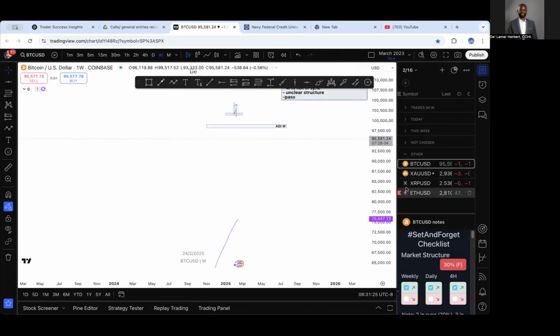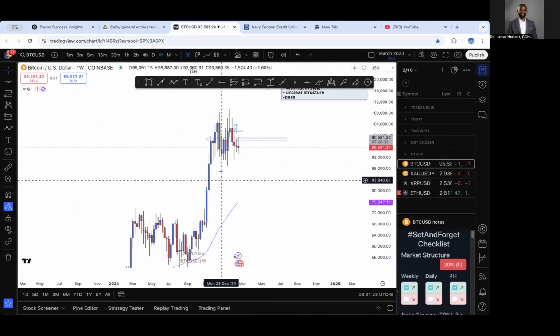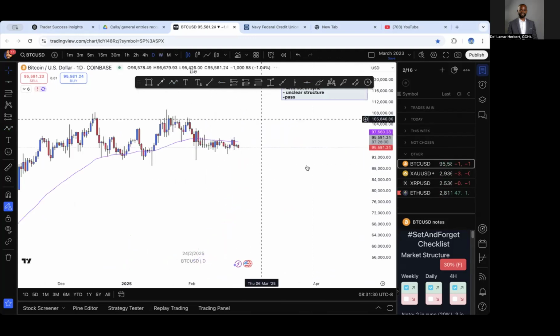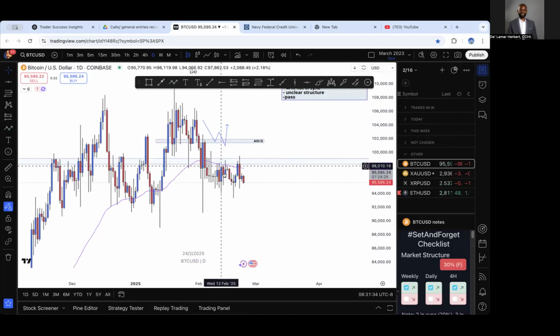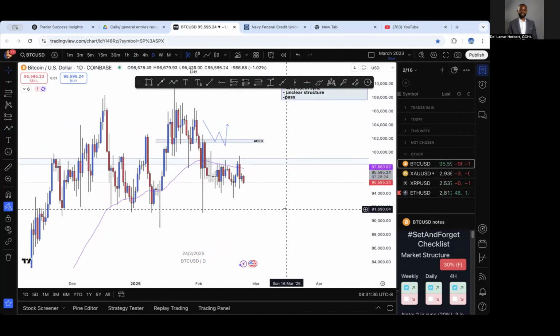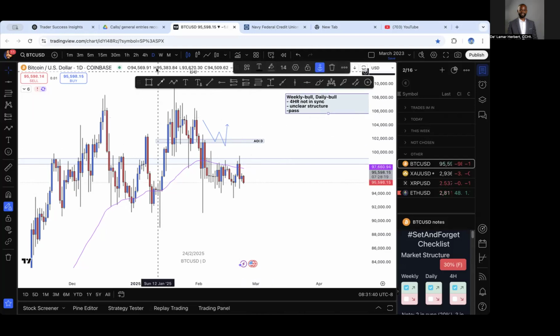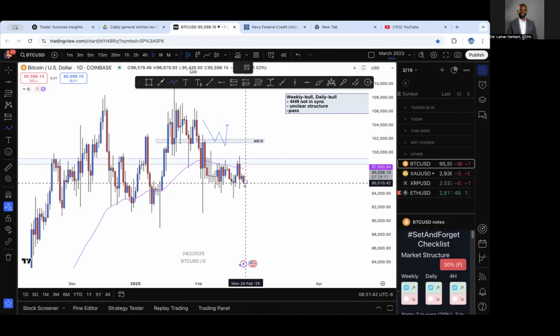Bitcoin. Okay, Bitcoin is technically bullish right now. Daily is bullish as well. What could price do, right? Price could technically this week shift from a daily bullish to daily bearish, right?